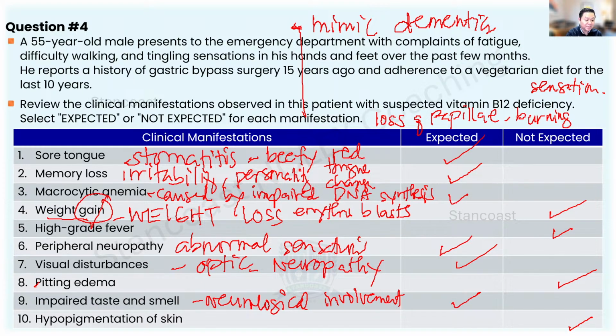Pale skin because of the lack of maturation of the red blood cell, but pigmentation is totally different here. So not hypopigmentation, but there will be some kind of pallor, okay? But not really the pigmentation.